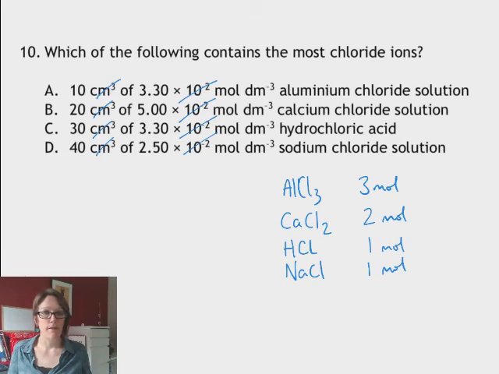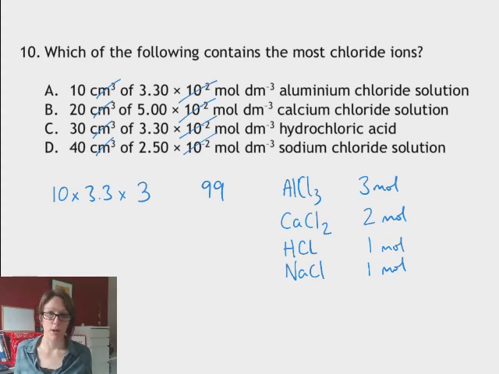So for A, for example, a simple calculation I can do would just be 10 times 3.3 times 3. So I've taken out any issues of working that out, and I get 99 moles. It's obviously not 99 moles, it's a much smaller number than that, but it's 99 relative to the other numbers.